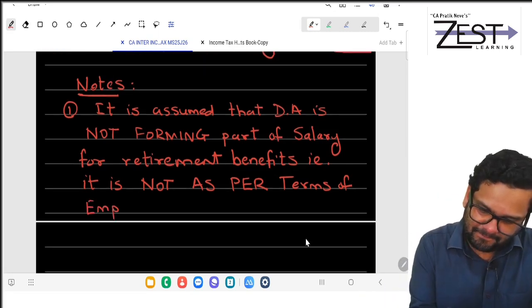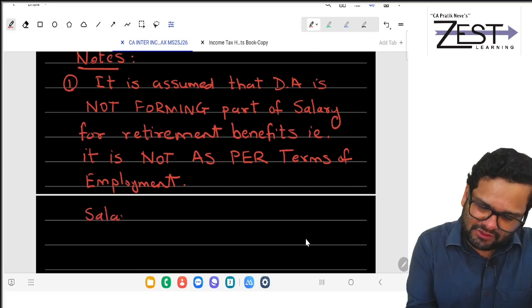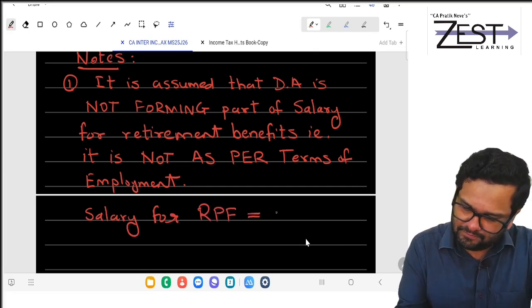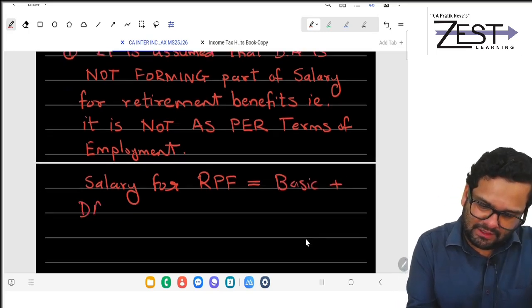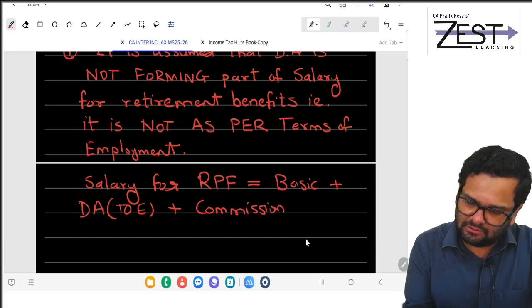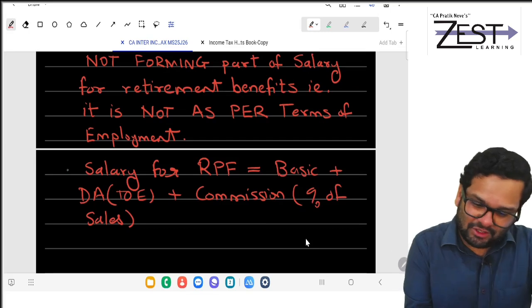Clear? Salary for RPF is what? Salary for RPF purpose is what? Basic plus DA, terms of employment plus commission, percentage of sales. Now here what is the salary?